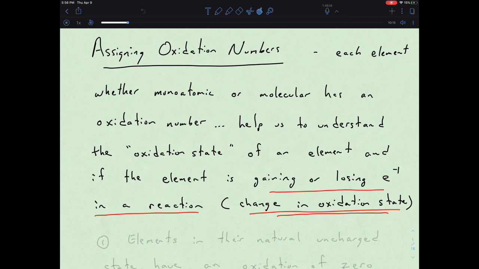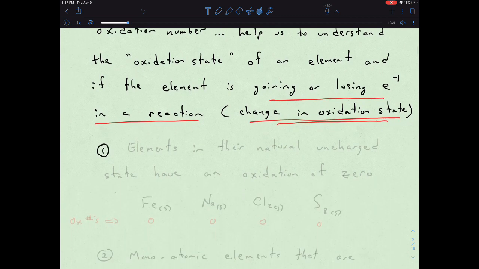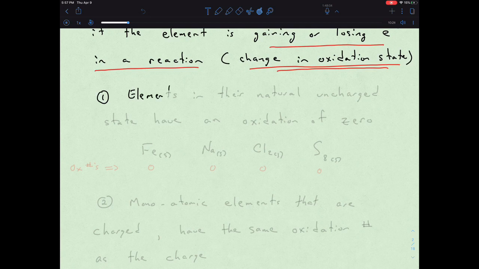So, a couple of rules we have to walk through. First, elements in their natural uncharged state have an oxidation number of 0.